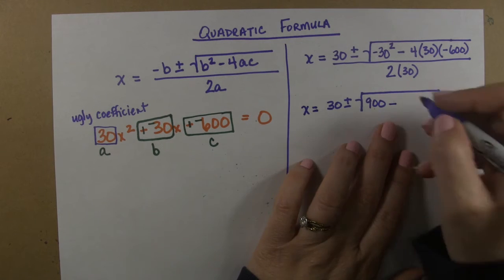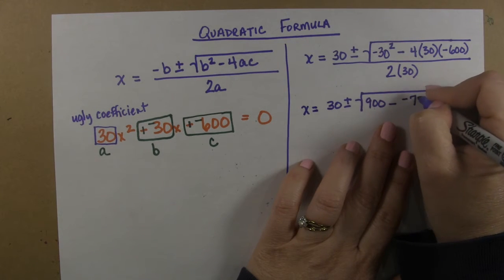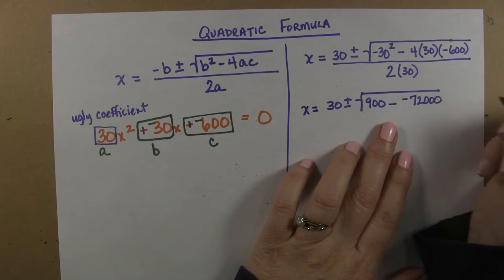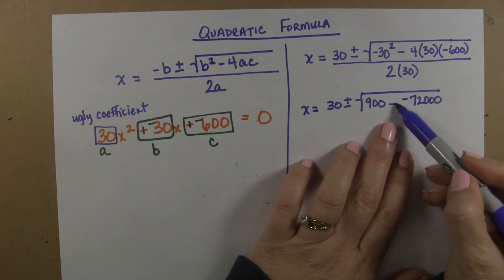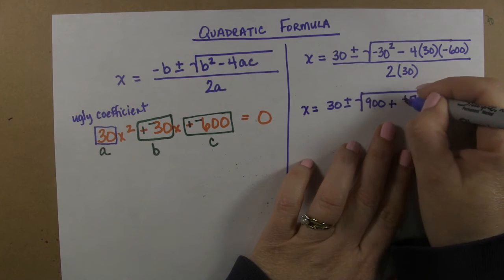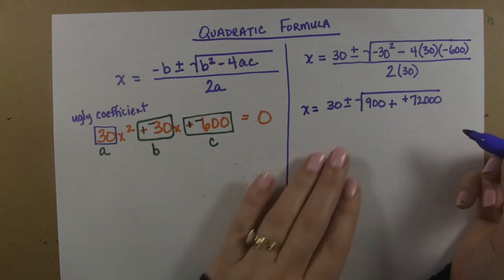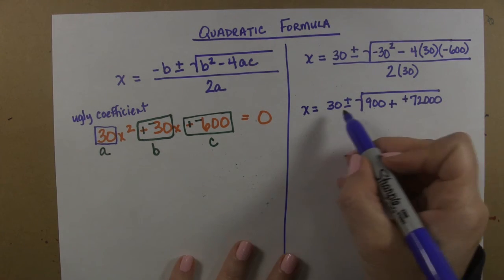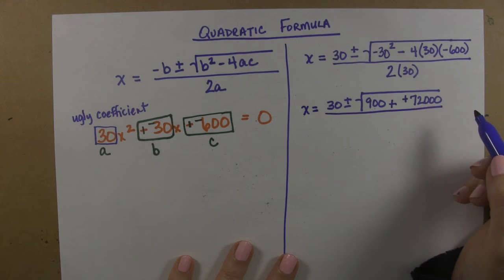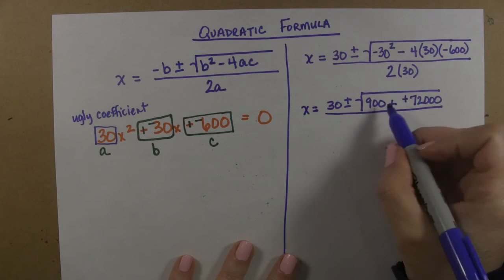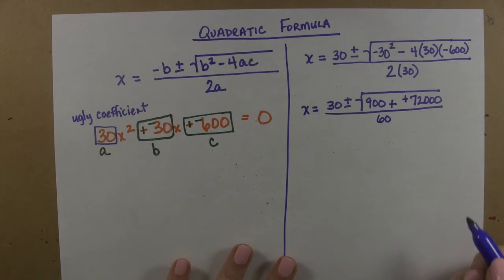And when I do that, I get negative 72,000. If you're subtracting a negative, that's the same as adding a positive, so I'm just going to go ahead and do that. I'm going to cheer with happiness inside because the more negative numbers I can get rid of, the better. And then 2 times 30, so that's 60 down at the bottom.